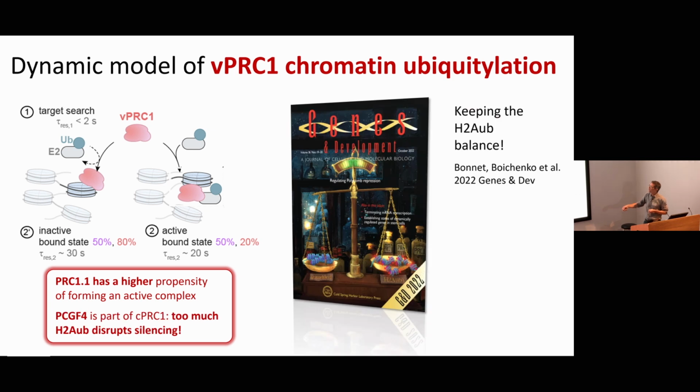From there on, PRC1.4 is much less effective in ubiquitinating chromatin. And this might actually be a good thing, because it is also part of this canonical complex that's important for compacting chromatin. And you don't want to have too much ubiquitination in compacted regions.